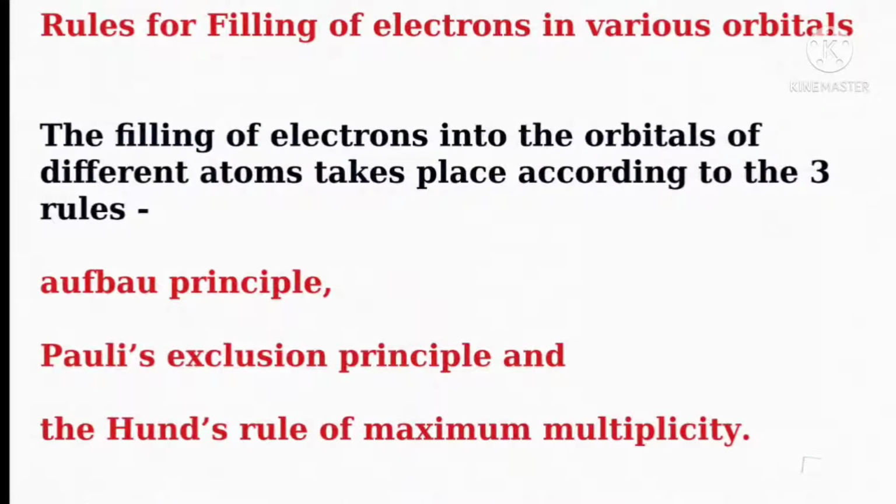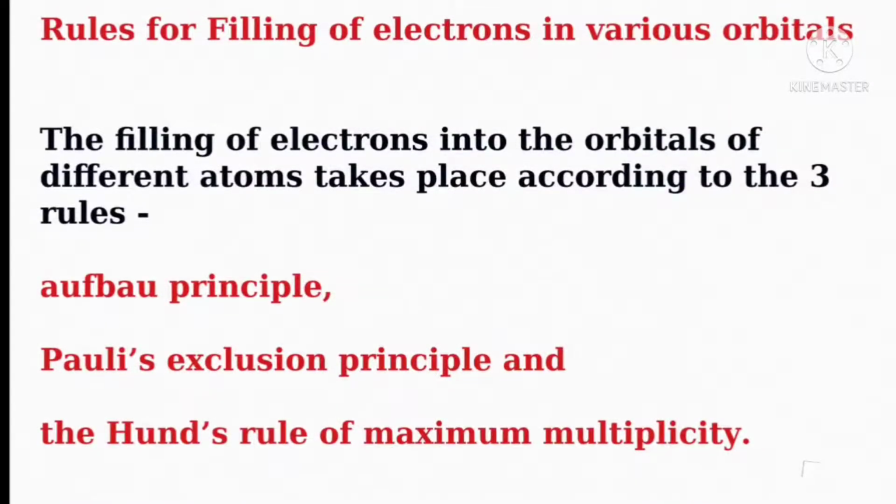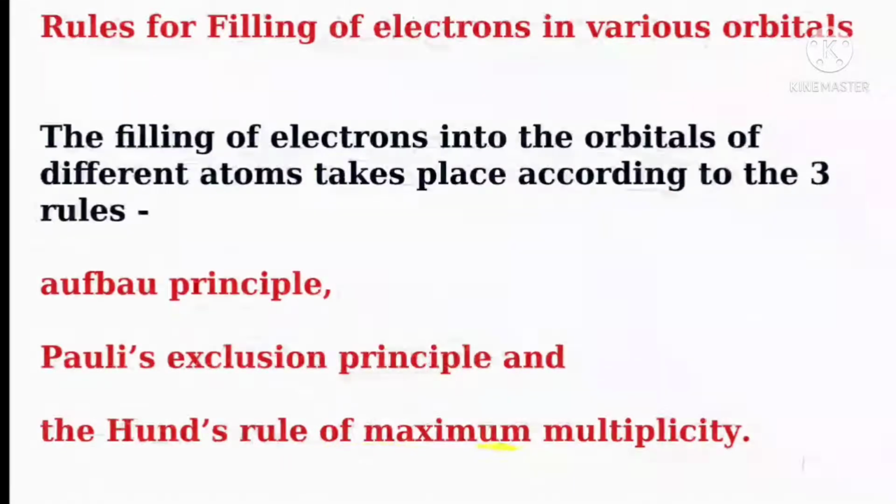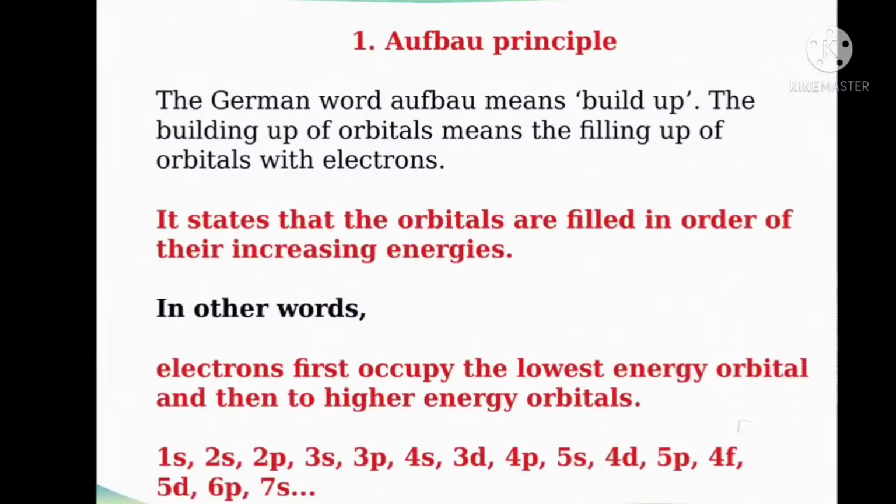The filling of electrons into the orbitals of different atoms takes place according to 3 rules, that are Aufbau principle, Pauli's exclusion principle and Hund's rule of maximum multiplicity. German word Aufbau means build up.